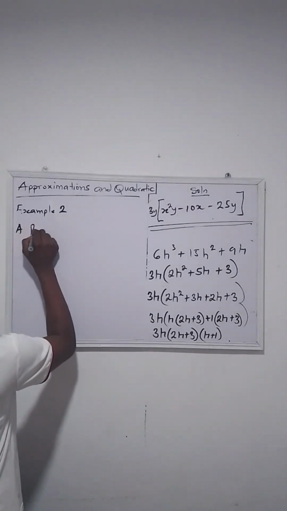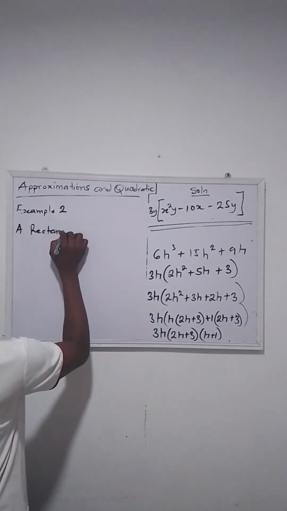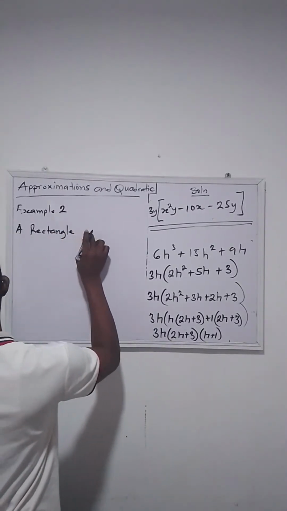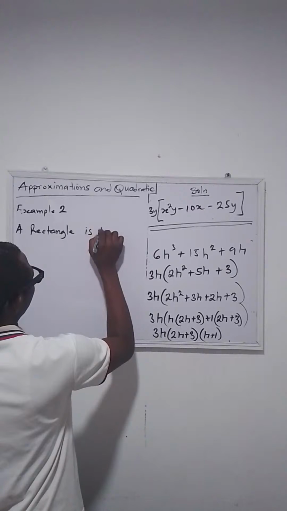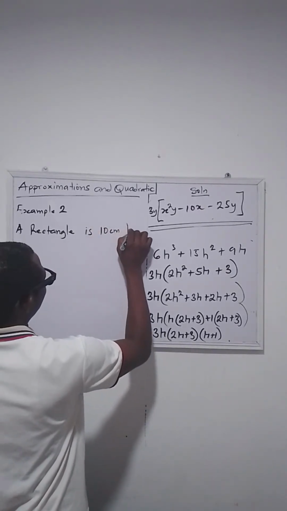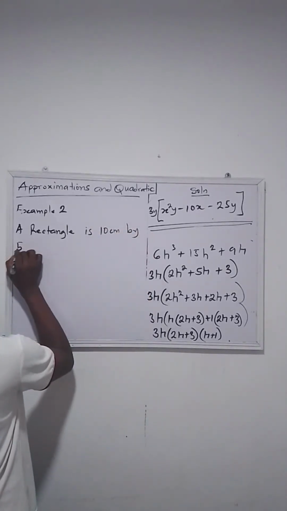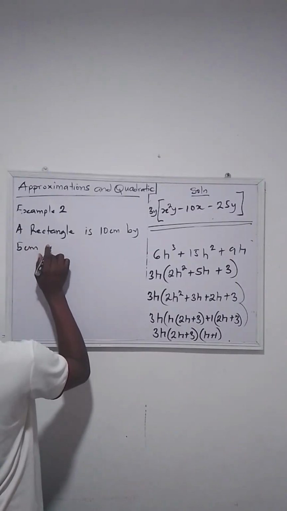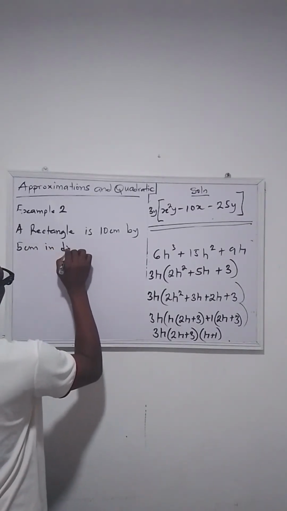A rectangle is 10 centimeter by 5 centimeter in dimension.